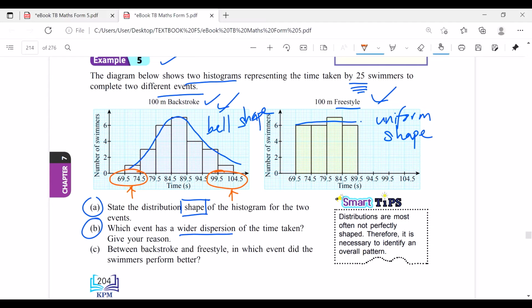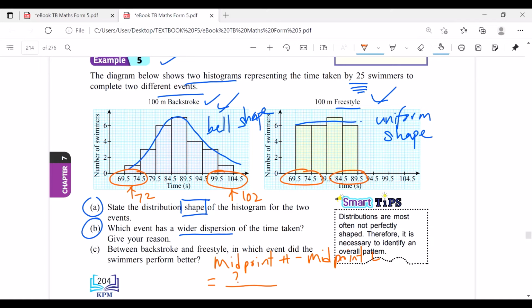So you find the midpoint of the highest, you minus the midpoint of the lowest, and then you see what is the value. If you find this midpoint, it is 99.5 plus 104.5 divided by 2, because you want to find the midpoint. You will get 102. This one is 72.